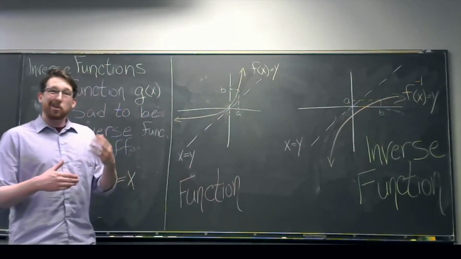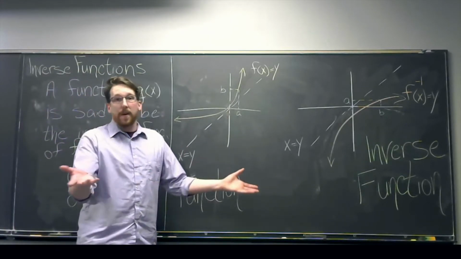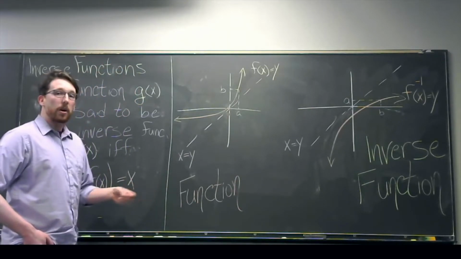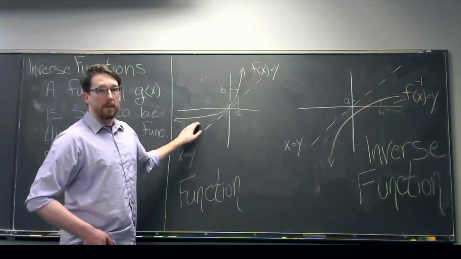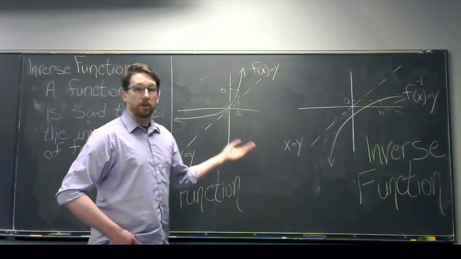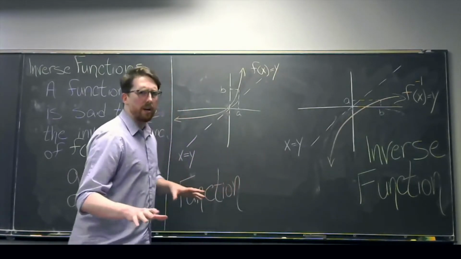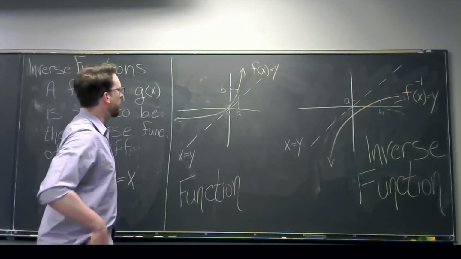Now, intuitively, what this hints at, and it is in fact the case, is that the graph of our inverse function will always be the mirror image of our original function across the line x equals y. Let's break that up a little more.